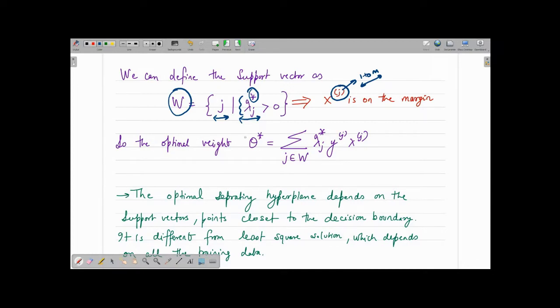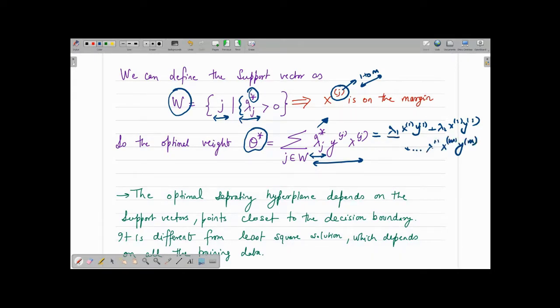Now you realize the optimal weights theta star is nothing but the sum of lambda j star, which you get from the solution of the optimization framework I showed you 2-3 slides back, and then you put it over here and find the solution. So it is lambda 1 x1 y1 plus lambda 2 x2 y2, and so on up to lambda m xm ym.